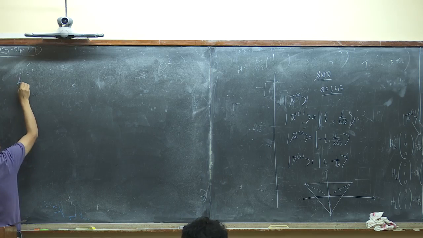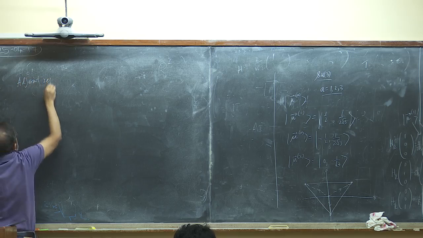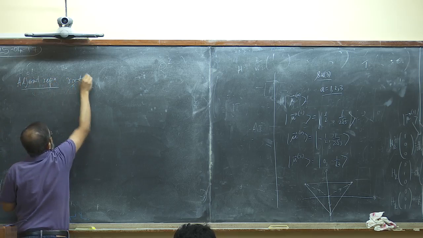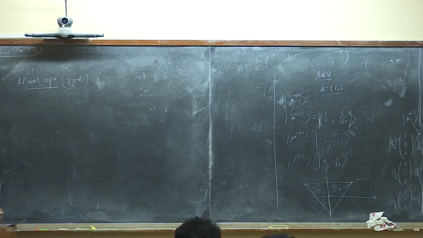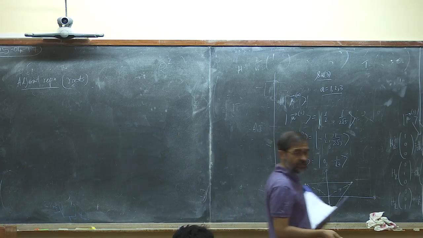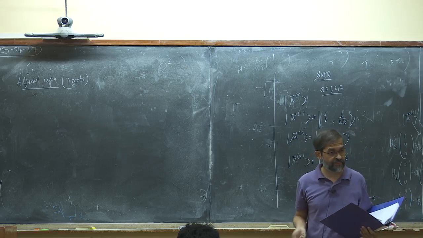I am going to talk about the adjoint representation, which will lead us to the concept of roots. Now, let me remind you again what an adjoint representation was. In an adjoint representation, the generators themselves could be identified with vectors.